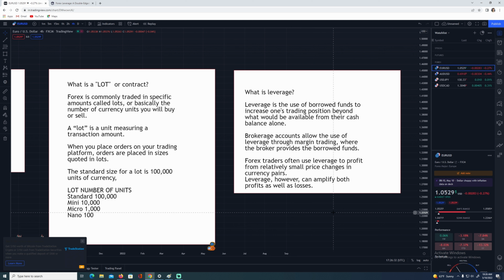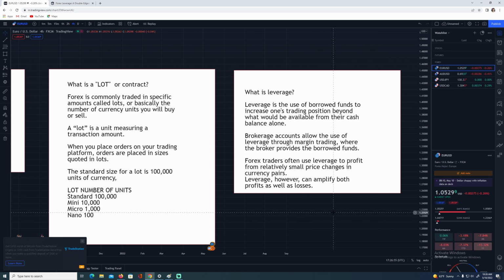Some are 3%, some up to 5%, but usually it ranges between 2% and 5%. Okay, so let's say for another pair, the margin is 4%. So you will need $4,000, right, to buy the same 100,000 units.